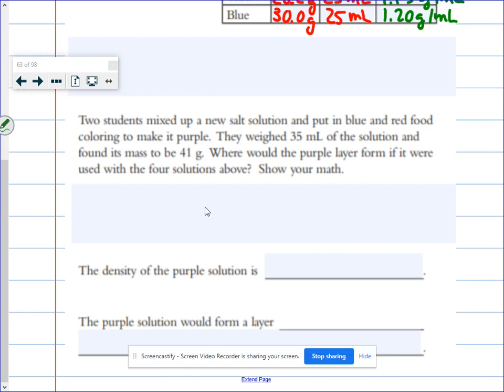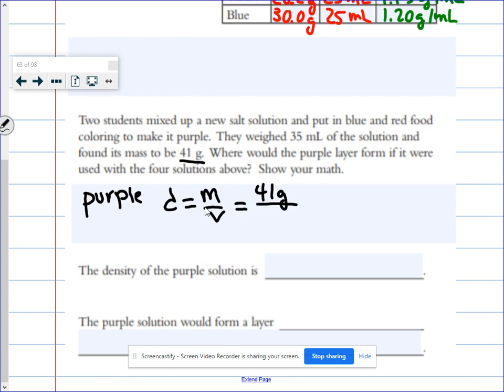Okay, so let's work this out. So purple, and I'm going to use my same equation, D equals M over V, mass over volume. All right, reading through here, make sure you're doing this right. So the mass of the purple solution is 41 grams. Again, you might wonder, well, the volume's not the same, right? This volume is 35 milliliters versus we did ours with 25 milliliters.